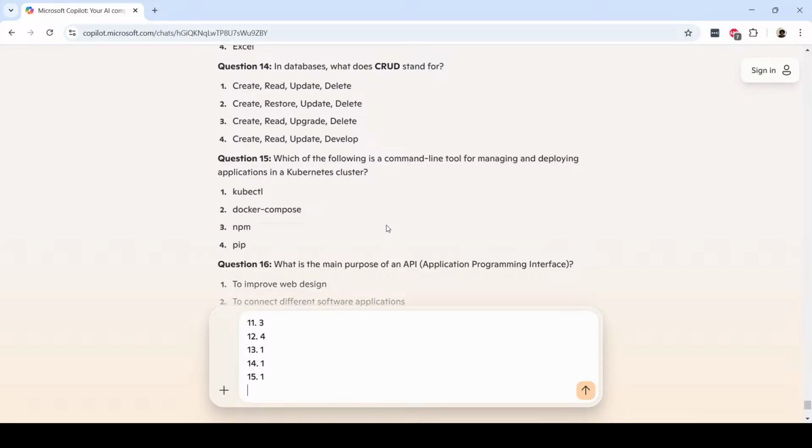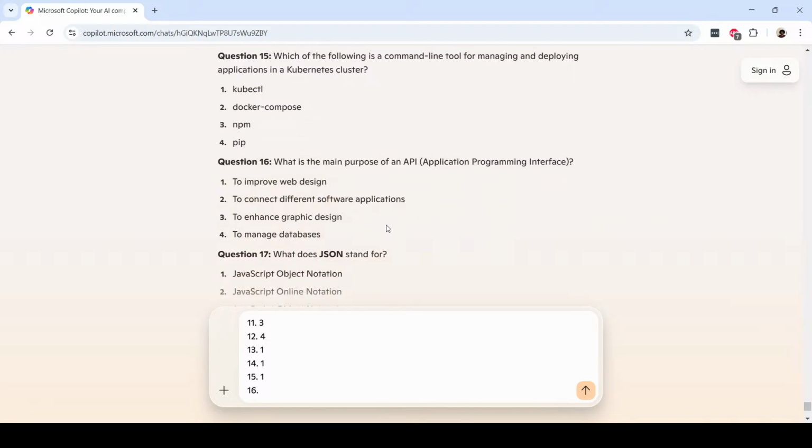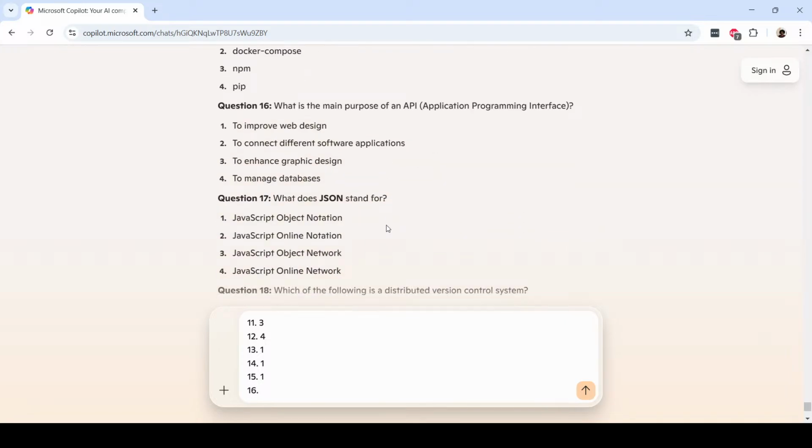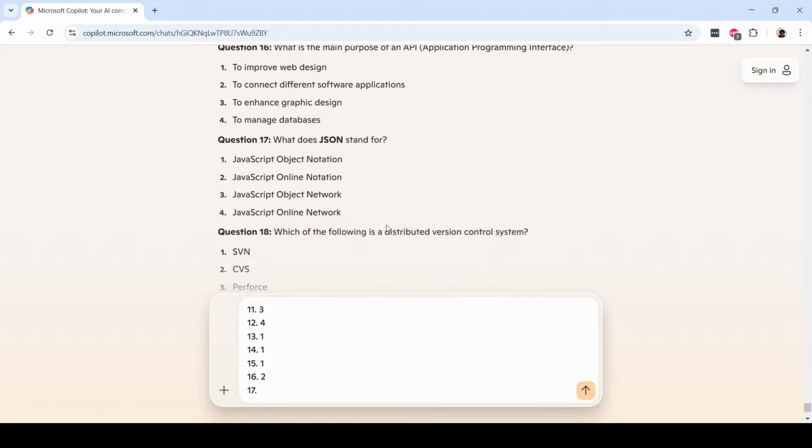Kubectl. What is the main purpose of an API? To connect different software applications. What does JSON stand for? JavaScript Object Notation.